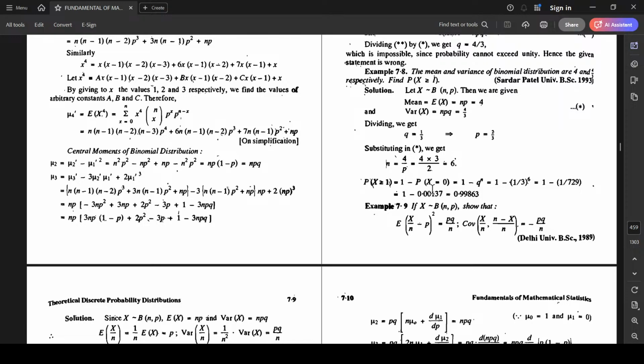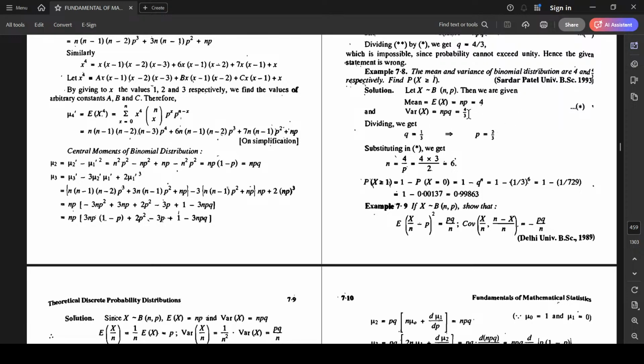The probability of x equals 0 is equal to q to the power of n. This is the probability of getting 0, and 1 minus the probability of getting 0 is the probability of getting 1 or more than 1. This is equal to 1 minus q to the power n, because the probability of getting 0 is q.